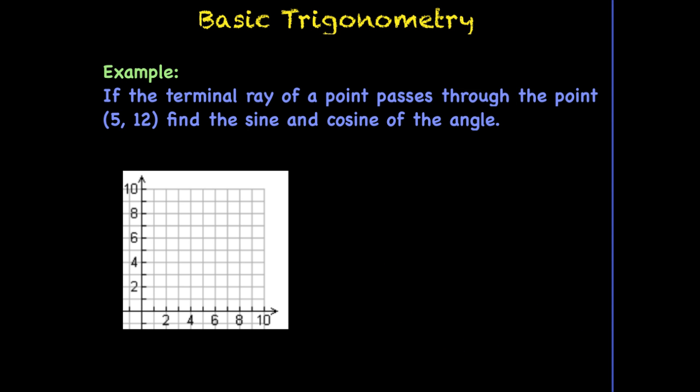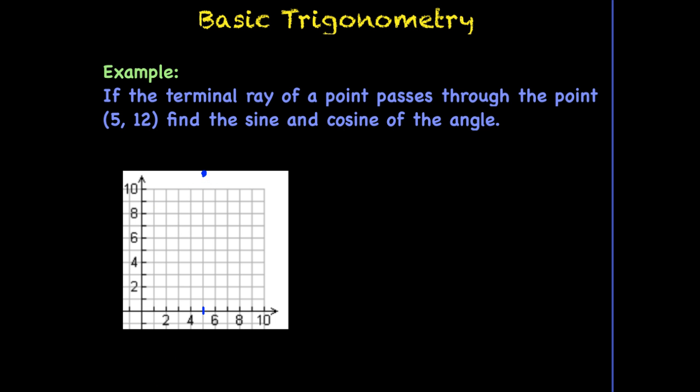In this example, if the terminal ray of a point passes through this point, (5, 12), find the sine and cosine of the angle. Well, all we have to do is plot this point and draw a right triangle. So the point is at 5, which is here, and 12, which is up here.